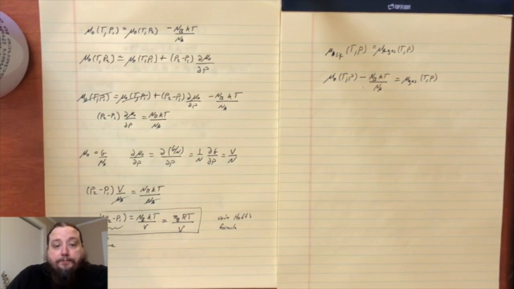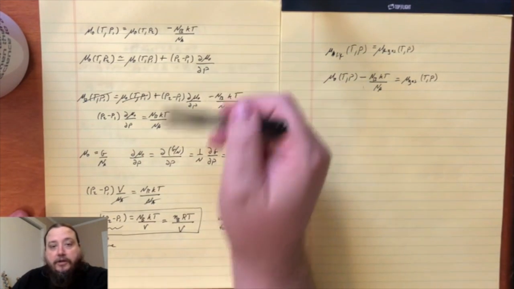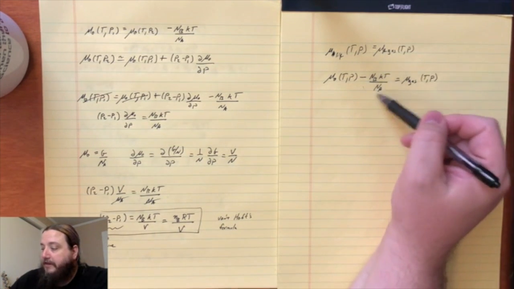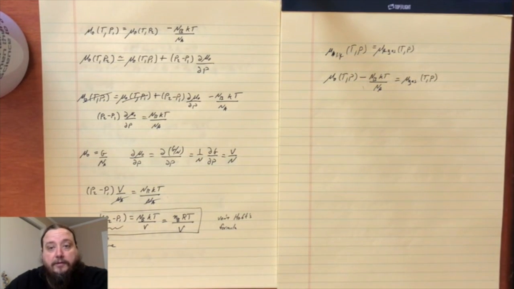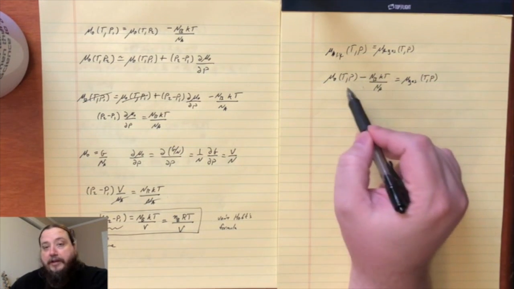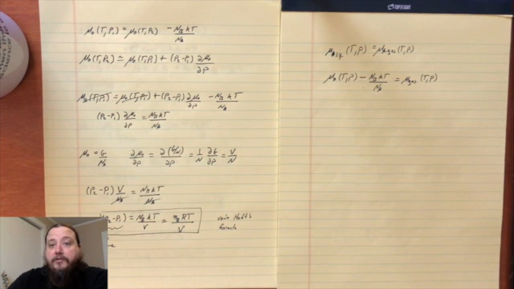And the methodology we're going to use to examine this effect is basically the same methodology we used over here for the osmosis. In other words, we're going to assume that this effect is relatively small, a modest change in the chemical potential, and then we're going to expand our chemical potential in terms of the other variables that could be affecting it.